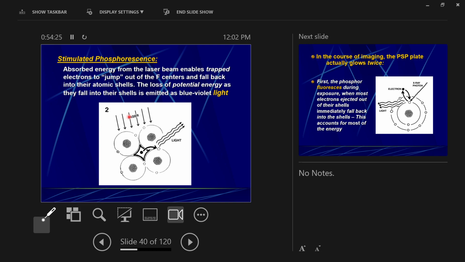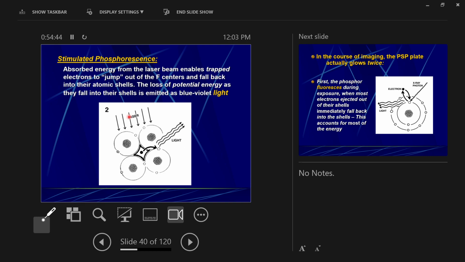Instead of tiny microscopic DEC cells, you have atoms. This is why you have better spatial resolution with CR, because effectively the detector elements are atoms, and atoms are very, very small.